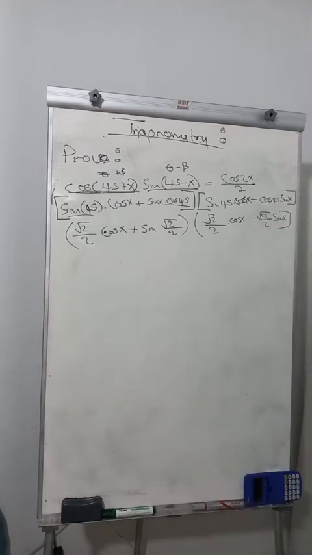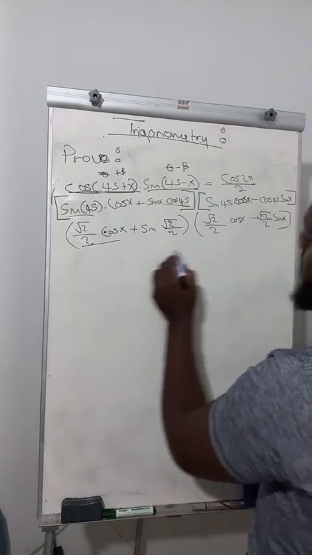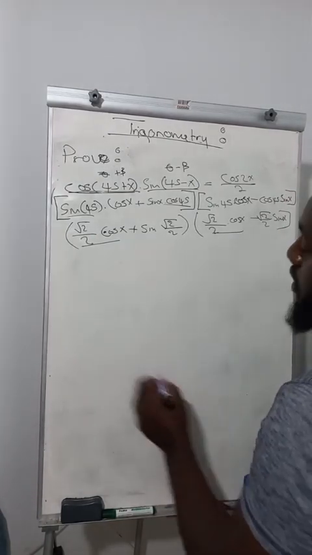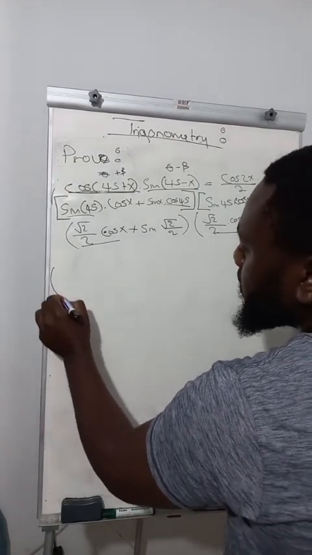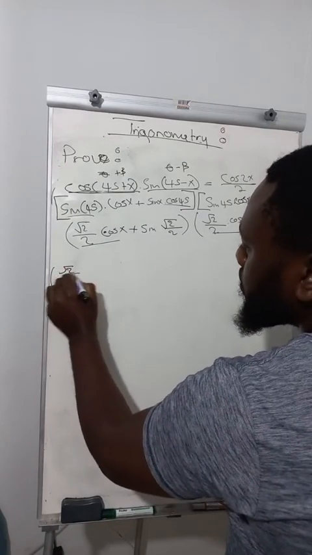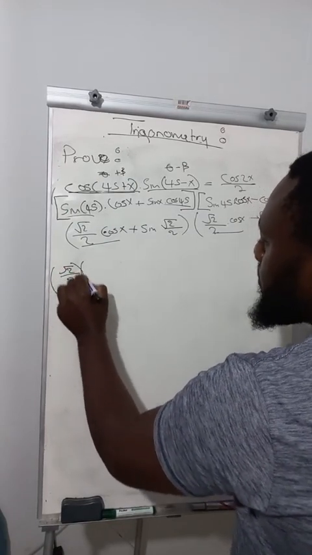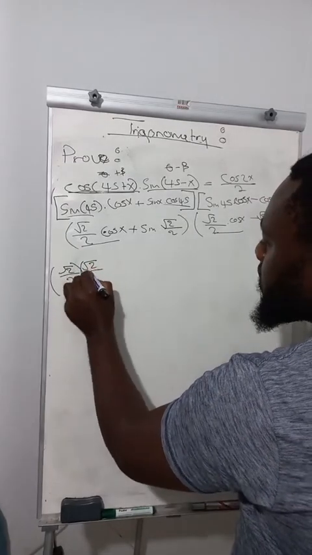So now let's multiply this with this. It will be the square root of 2 divided by 2, multiplied by the square root of 2 divided by 2.